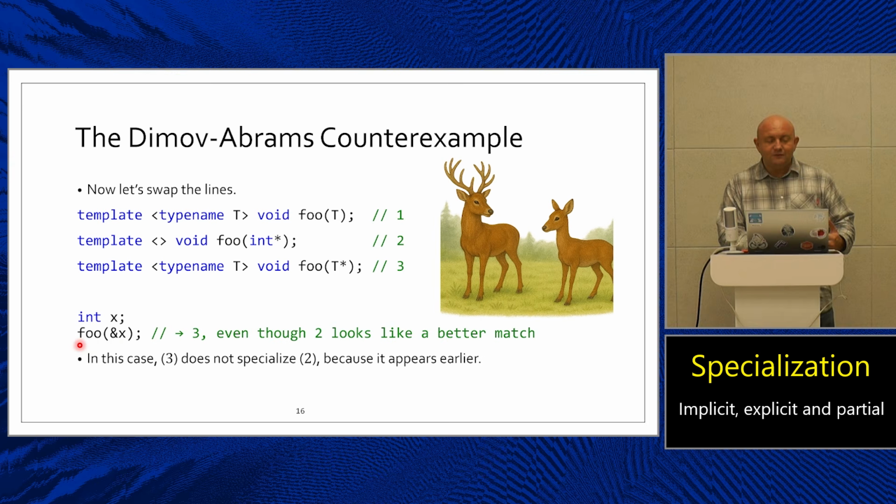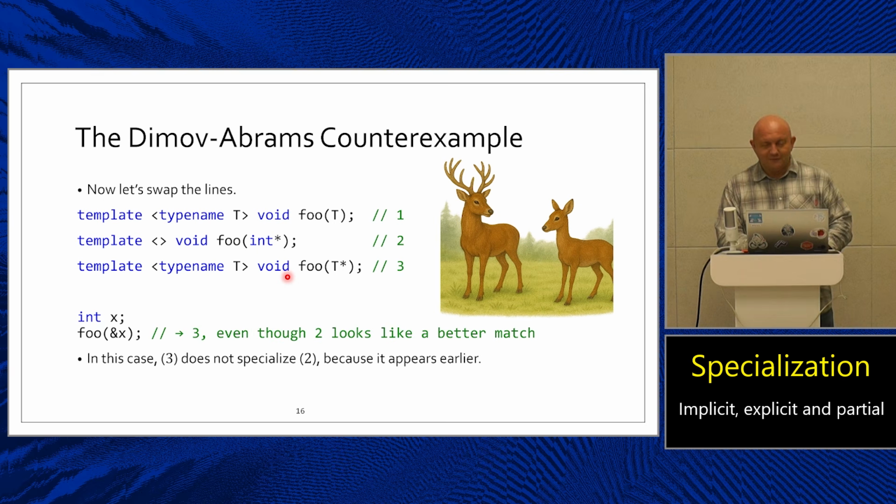Now, the call foo of address of X will use template number 3, even though specialization number 2 looks like a better match. Template number 3 won the overload resolution after the specialization was bound with the primary template. And he won overload resolution, but it was too late for him. The female had already chosen the other one.